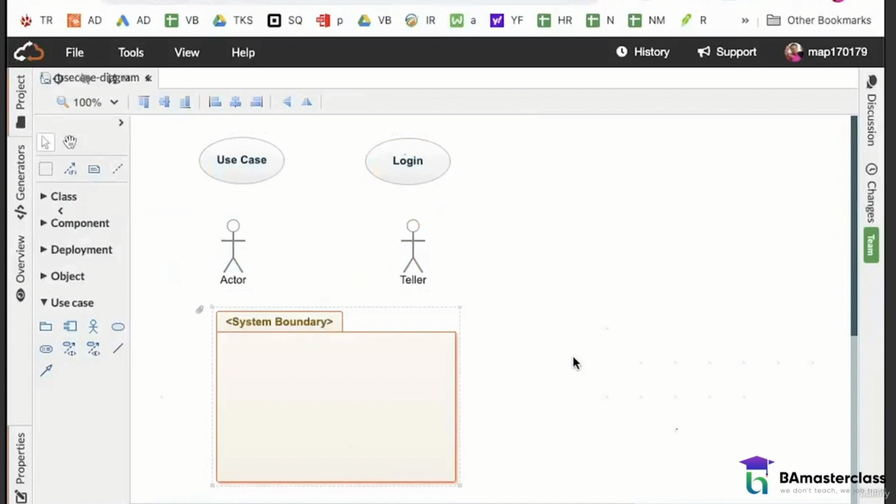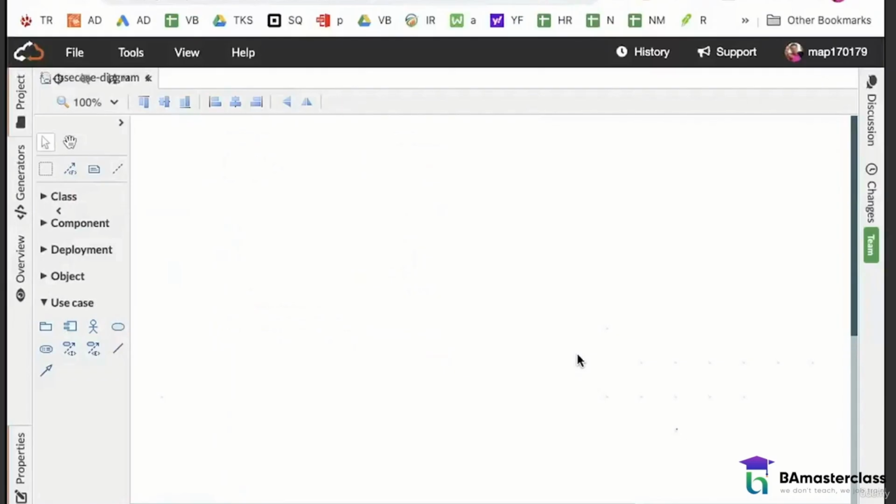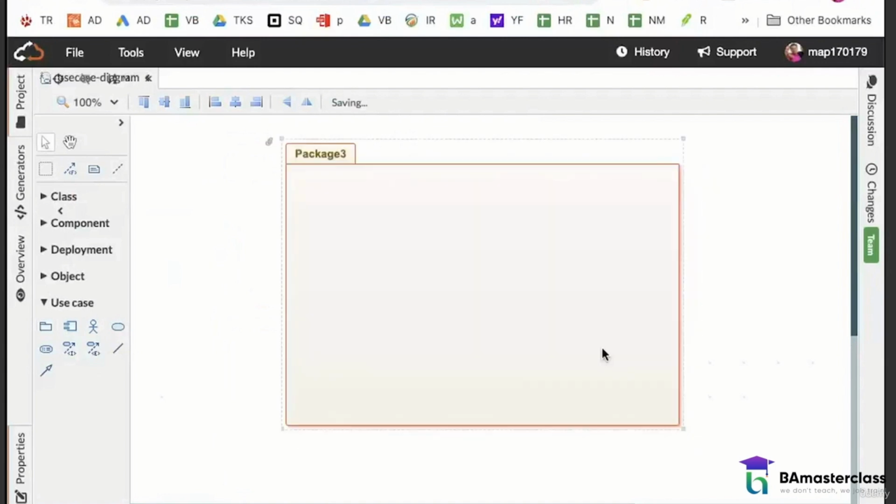All right, now I'm going to erase this and show you how to create a use case diagram. The very first thing I do is create a system boundary. If I'm creating this diagram for an ATM, the name of my system boundary is going to be ATM.